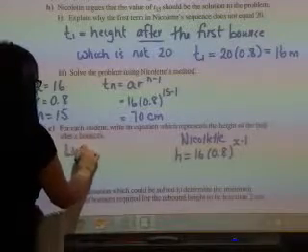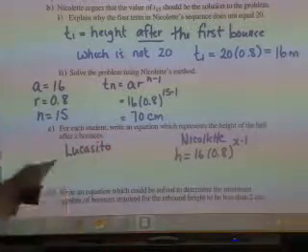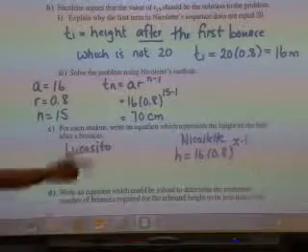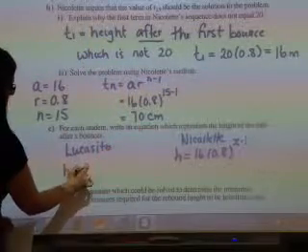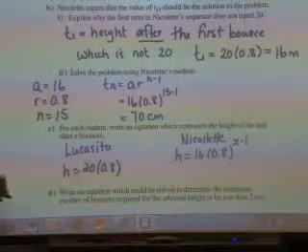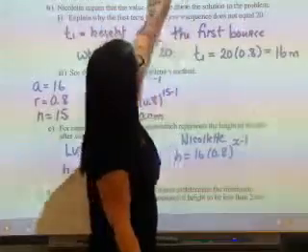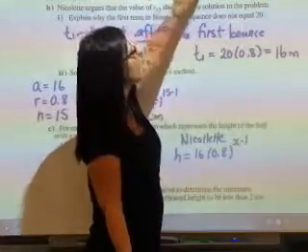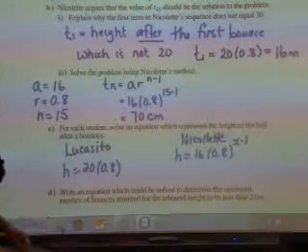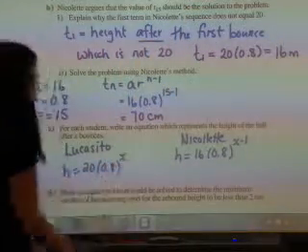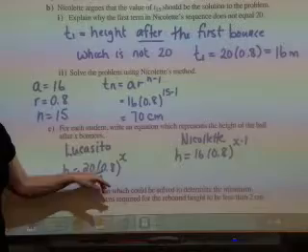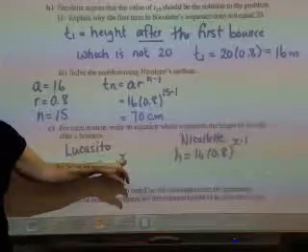If I look at Lucasito's, the height for his would be starting at the 20 times 0.8. And then if I look at his, when it was 15 bounces, this value here ended up equaling 15. So if I had after 7 bounces, this would end up being to the power of 7. It would be the 8th term, but it would be the 7th bounce, or the exponent would be 7.